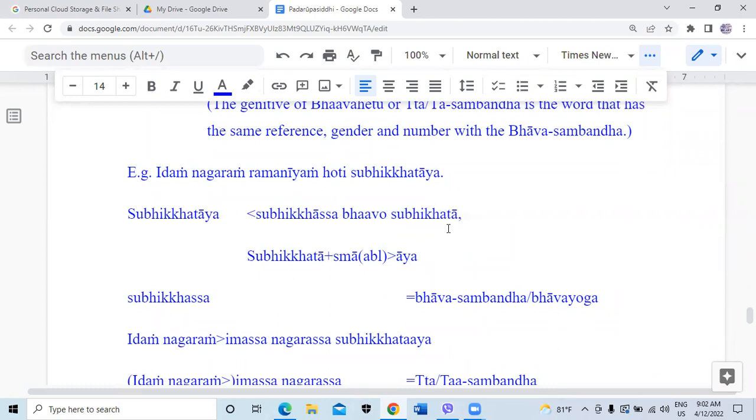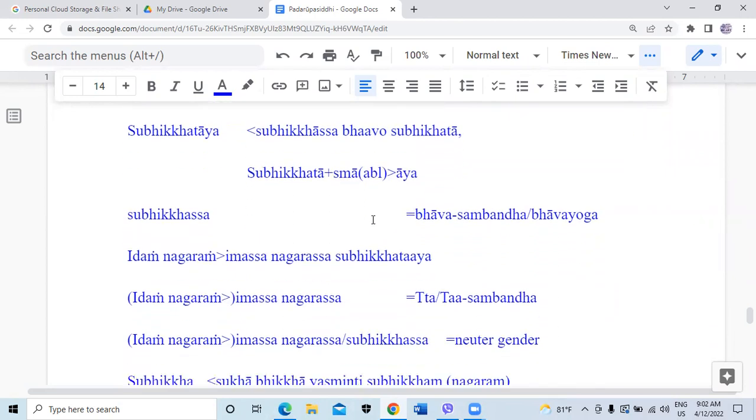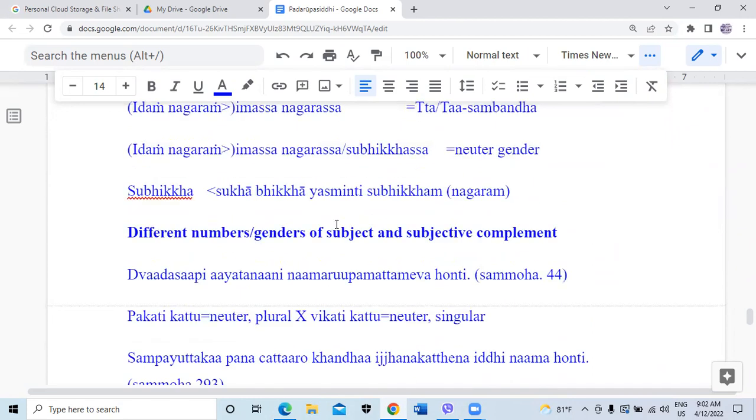So Subekha, how can we make Vekha? Sukha Bekha Yasmenti or Yasati, Subekha Nakara. To know that the words Subekha and Nakara have the same gender, same gender, that's why same number.